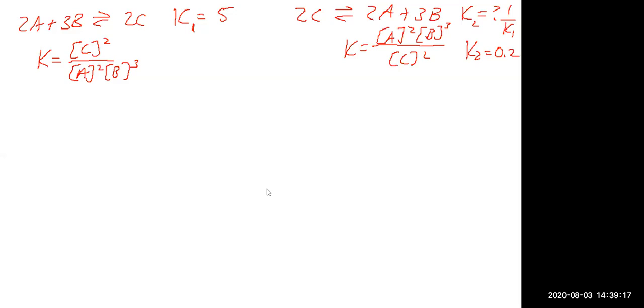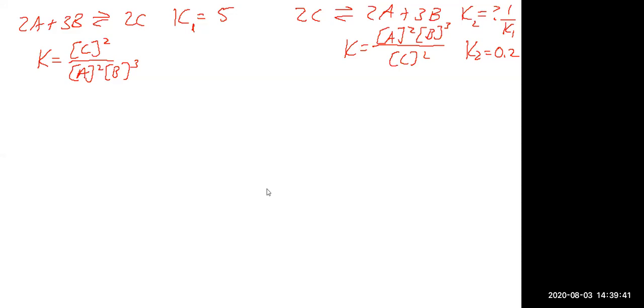That's different than what we do with a lot of things. Remember, with delta H's, if we reverse the reaction, we simply change the sign. But it is different here with equilibrium. If we reverse the reaction, we do need to take the inverse of the K value, 1 over the K value, to give us the proper one.